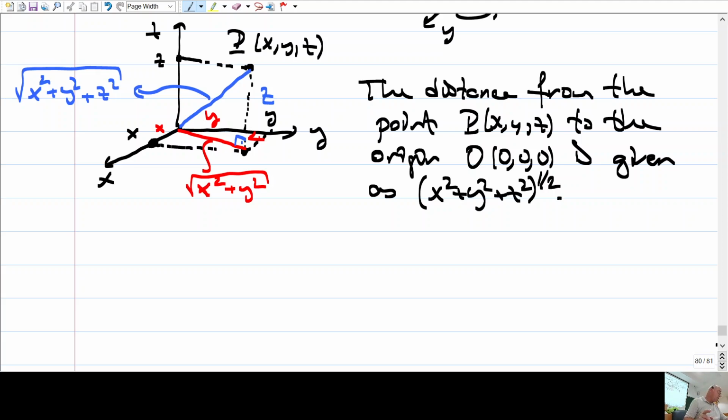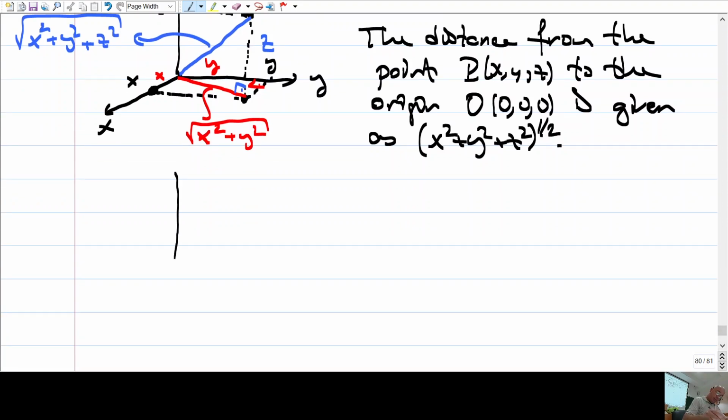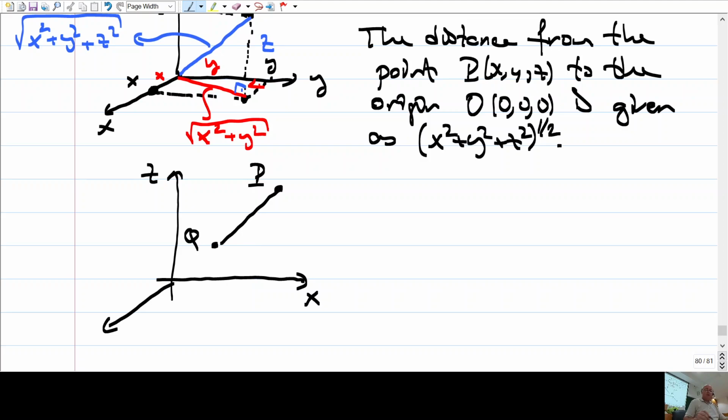All right. Of course, similarly, if you have 2 points, let's say P and Q, then one can compute the distance between these 2 points. How?